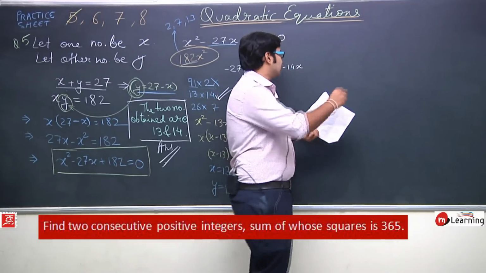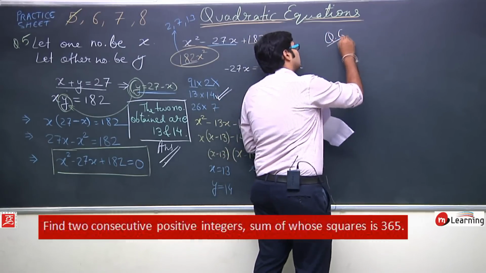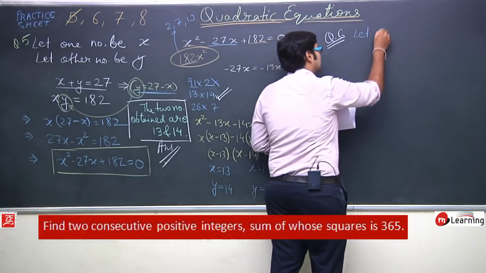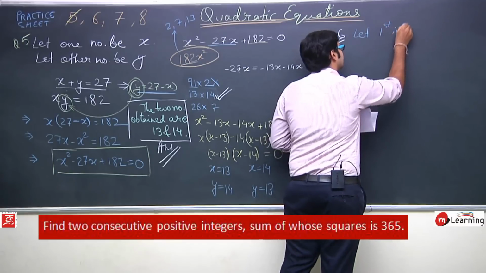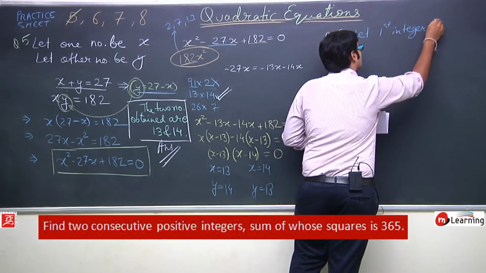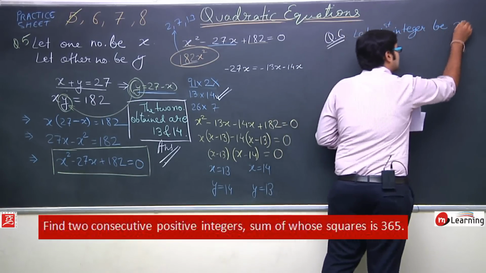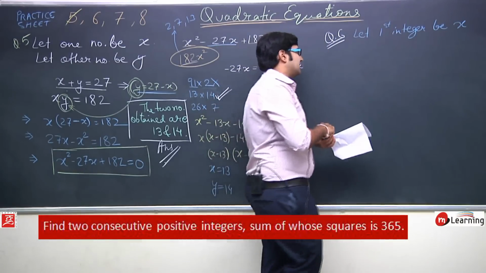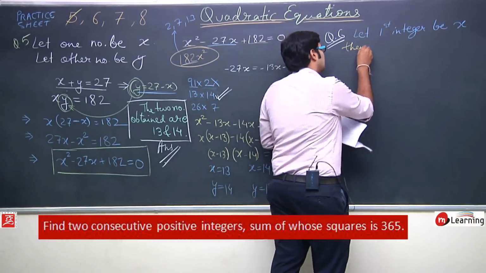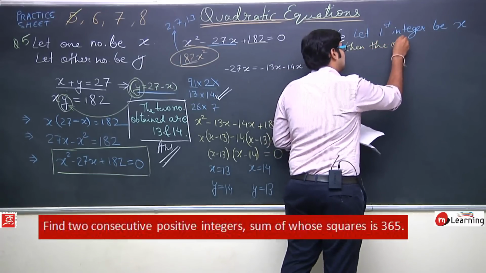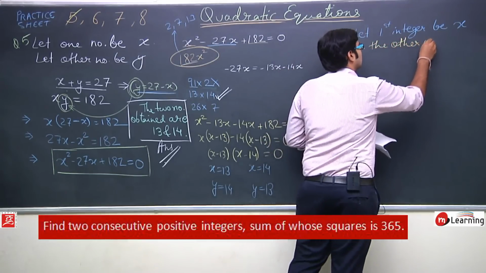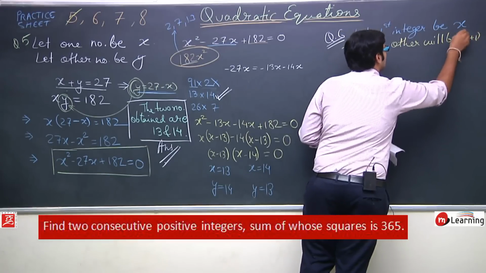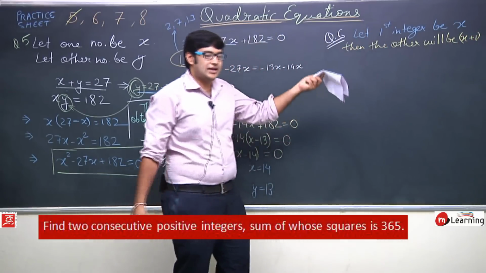So question number 6. Let the first integer be x. If the first integer is x, then the other integer will be x plus 1.